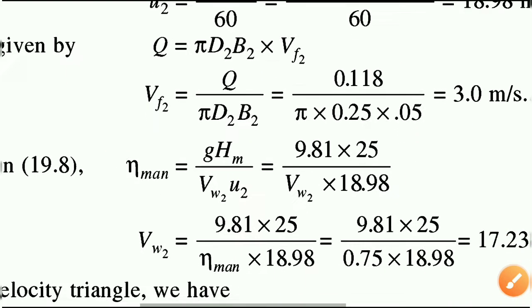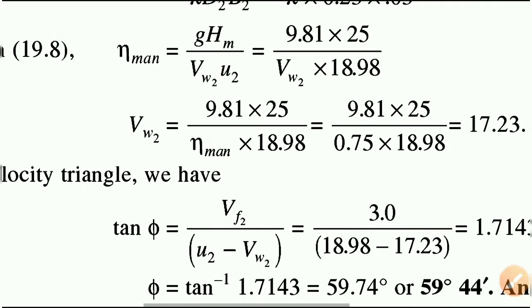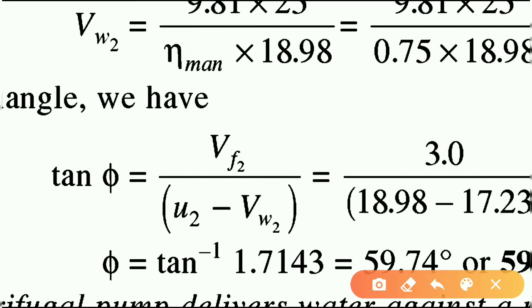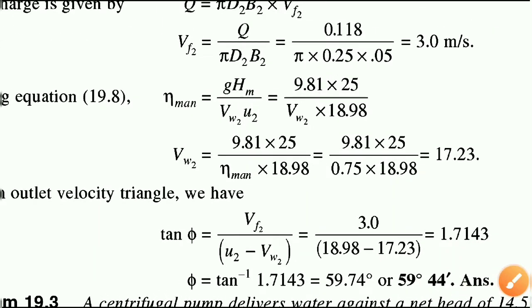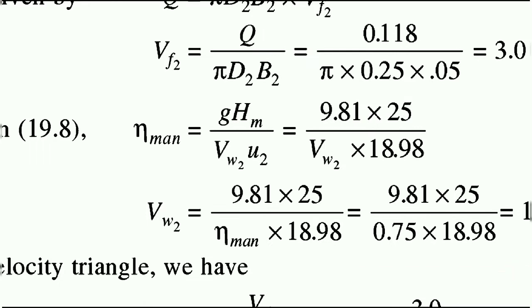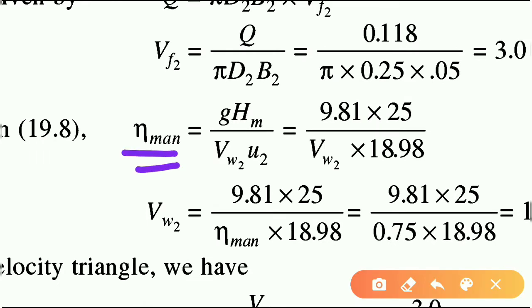So now we know Vf2 and U2. Now we need to find this Vw2. Vw2 is the whirl velocity at the outlet. So how to find this whirl velocity? The manometric efficiency is given in the problem. So the formula of manometric efficiency is eta manometric equal to g Hm, which is the manometric head, divided by Vw2 U2.